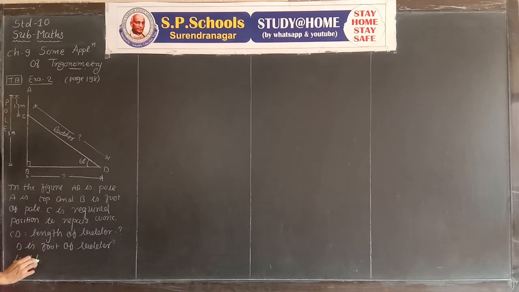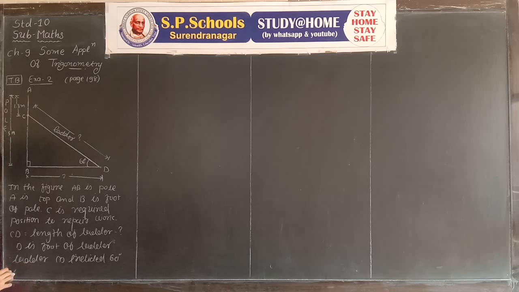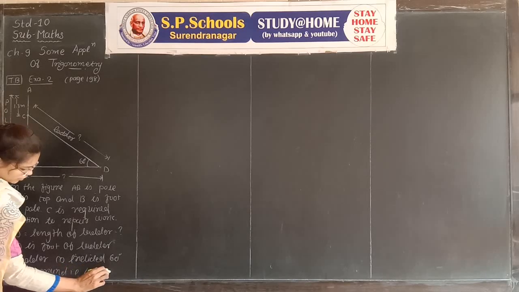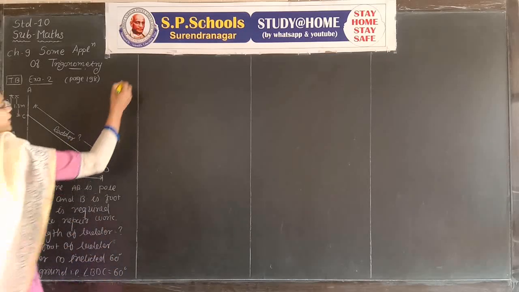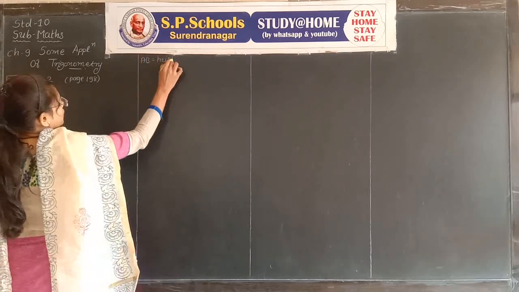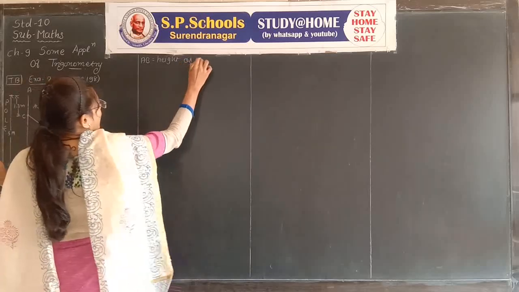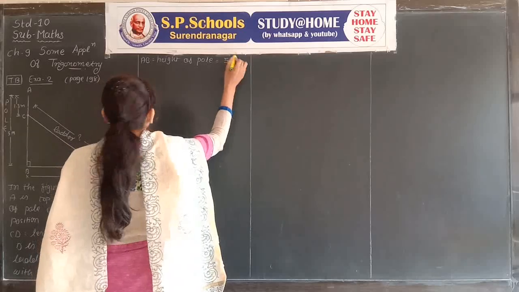Ladder CD is inclined at 60 degree with the ground, that is angle BDC is equal to 60 degree. The height of the pole is given: AB is equal to 5 meter.